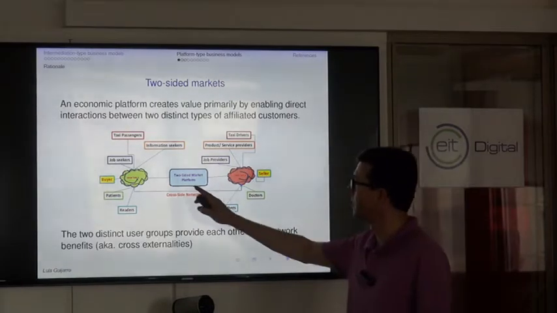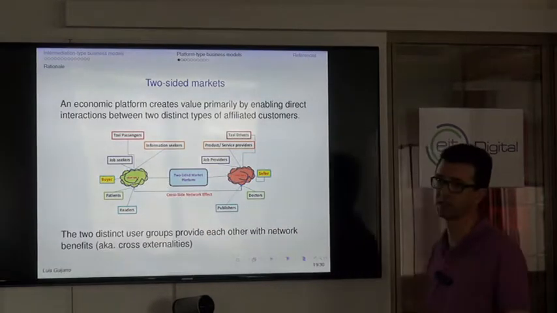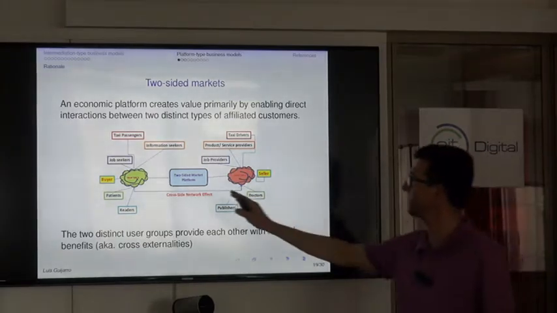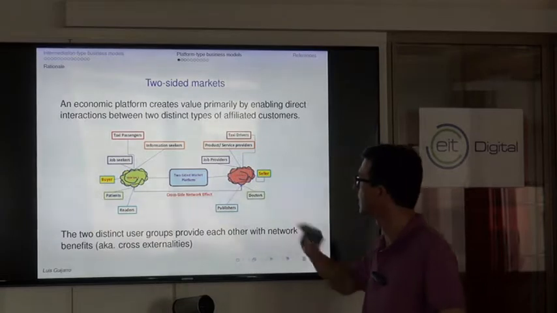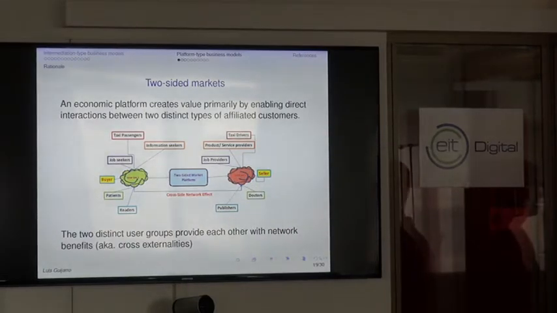Okay, so this facilitates the interaction between the different user sets. So it's not a true intermediary. It only facilitates the interaction between two or more different customer sets.